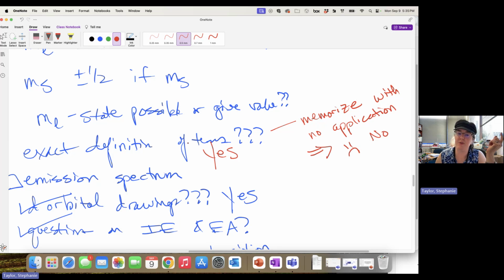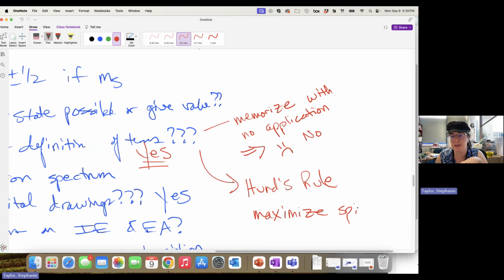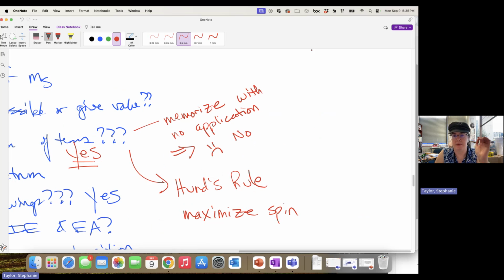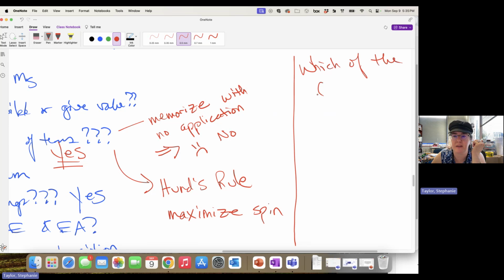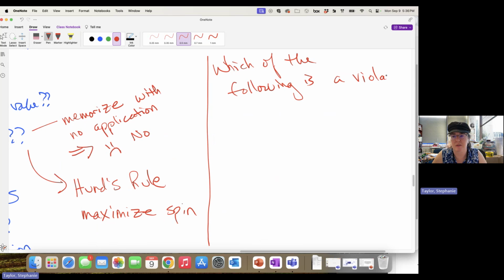Now, the reason why I would know the exact definitions is actually because when we're doing something like Hund's rule, it talks about that the goal is to maximize spin. And the difficult thing is there are times where things can look really weird, but knowing that Hund's rule is to maximize spin, and that's all, helps a lot, because we could have something that asks, let's play the game, which of the following is a violation of Hund's rule?